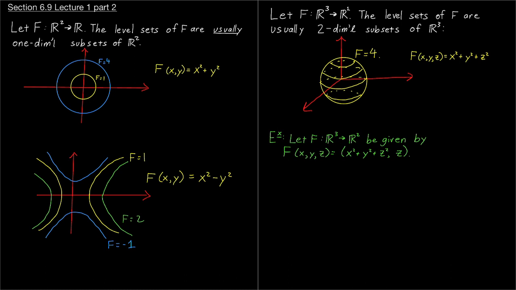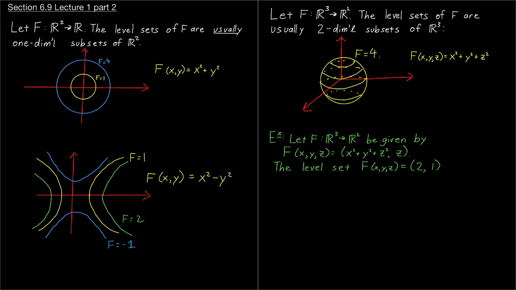So the input has 3 dimensions, the output has 2 dimensions. And the level set, let's say f of x, y, z equals 2, 1.